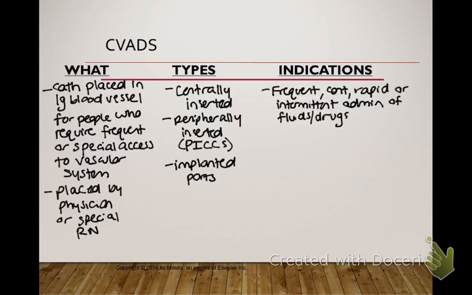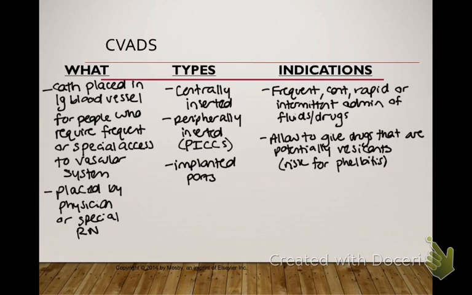So why do we use this? Because they need a lot of infusions or they need a lot of lab work, and it's really mean to keep poking these patients. Also, it's really nice because there are a ton of drugs that are vesicants, which I never use that word, but it is a key term in your module, so I included it.